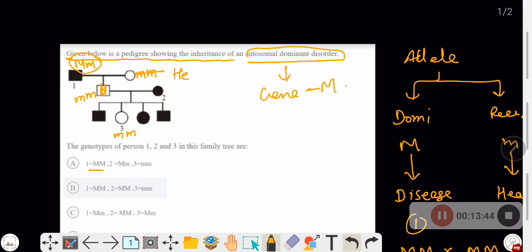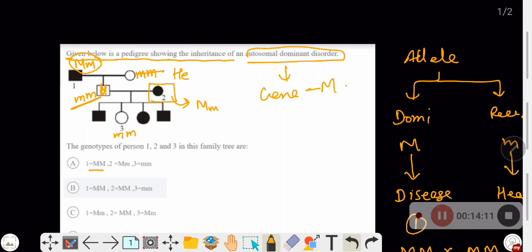Now if you look at the second cross, again in the second person, one parent is healthy and another parent is diseased. So again this cross looks like the cross of pattern 5. It means this person should also have the genotype capital M small m, that is, it has to be a heterozygous diseased person.